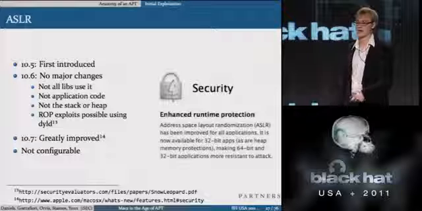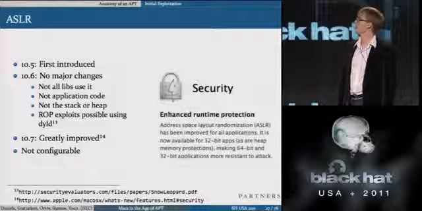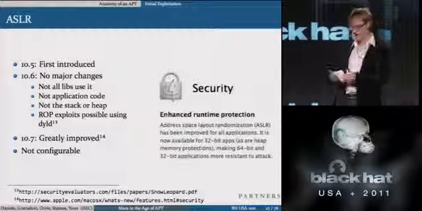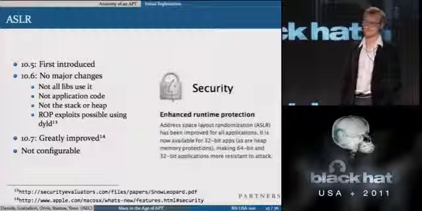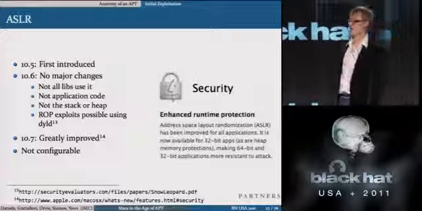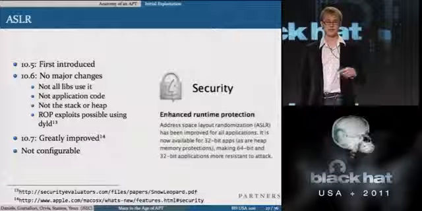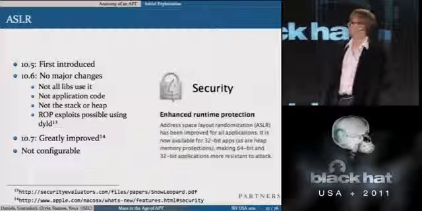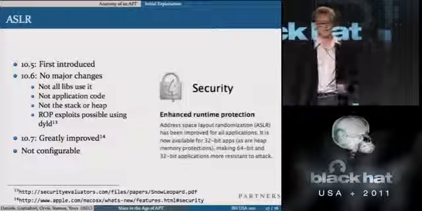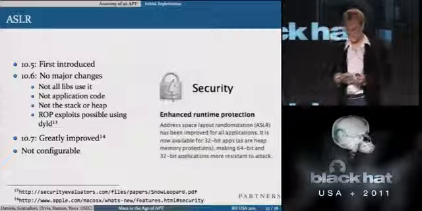Finally, we have ASLR, address space layout randomization. Apple first introduced it in 10.5, but it's based on Apple's pre-binding, which is a performance optimization in libraries that automatically pre-computes where in memory the library will be loaded. So it creates a per-machine randomization.